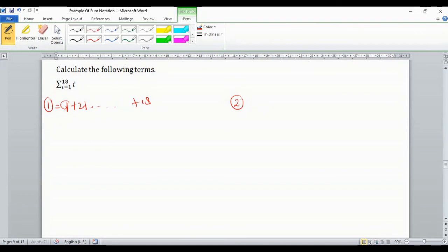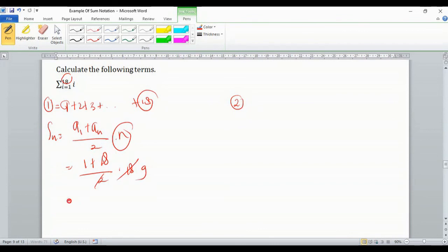We can see there is a common difference, so we can use the arithmetic series. The arithmetic series from the definition is the first term plus the nth term over 2 times n. The first term is 1 plus the nth term 18, over 2, times n, the total up to the upper index, which is 18. So 18 over 2 is 9. So it equals 19 times 9, which is 171.